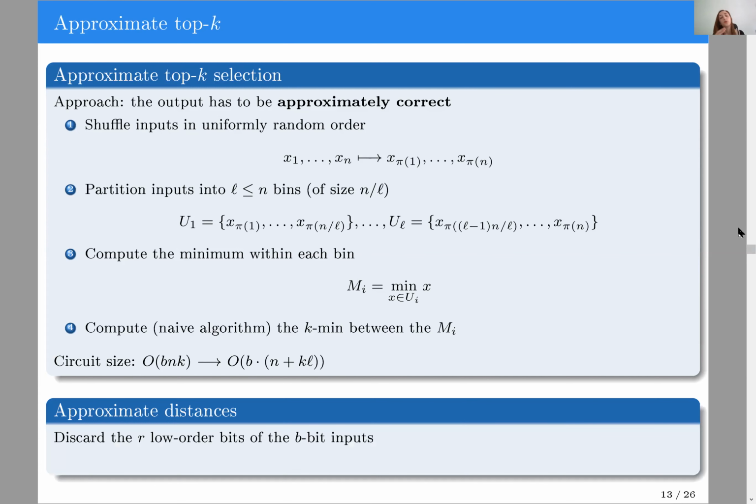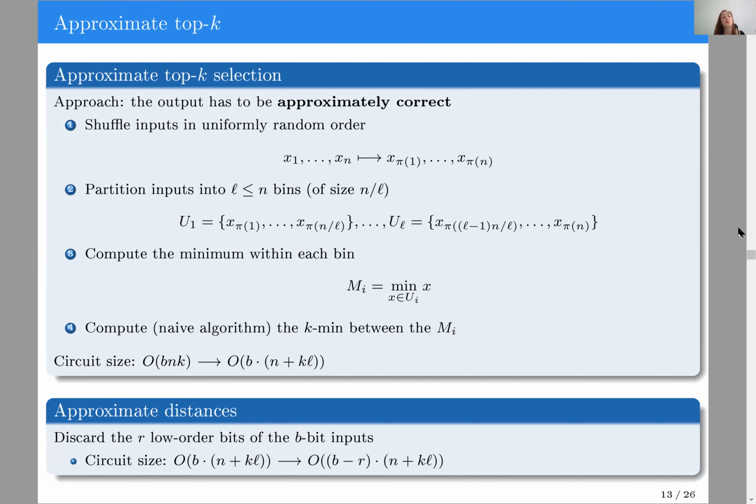And in order to improve this technique a little bit more, we also use approximate distances. So instead of considering the entire b-bit input, we discard the r lower bits. r is also a parameter that can be tuned in order to achieve a certain accuracy. And this will reduce even more the circuit size of the top K selection.